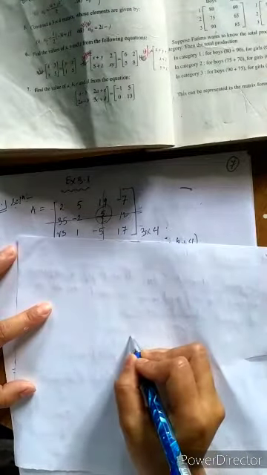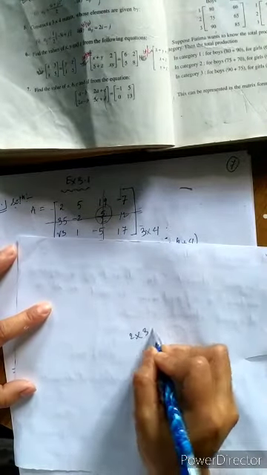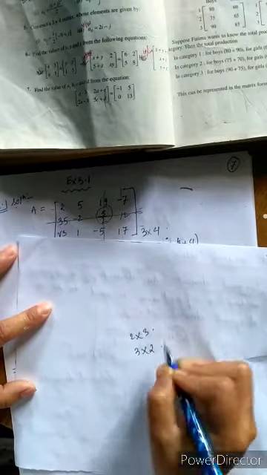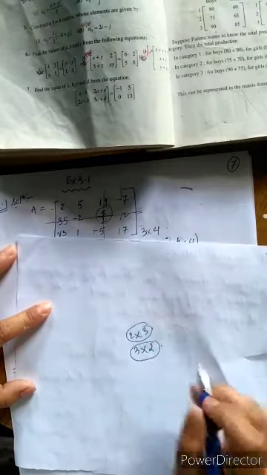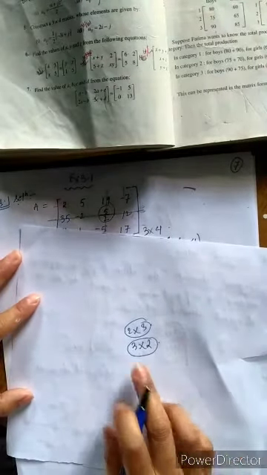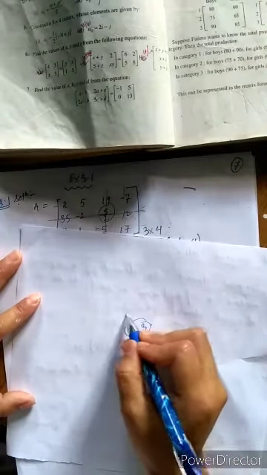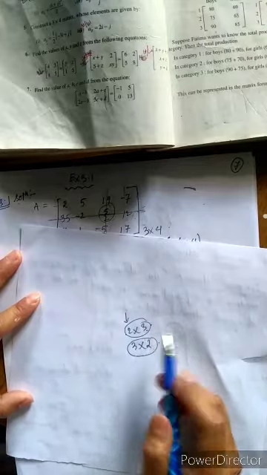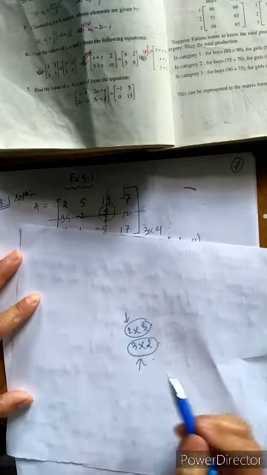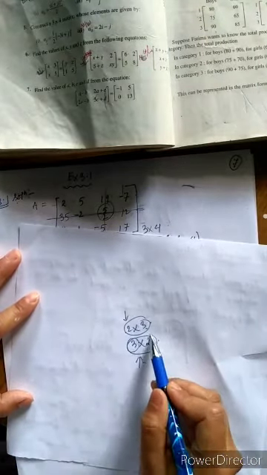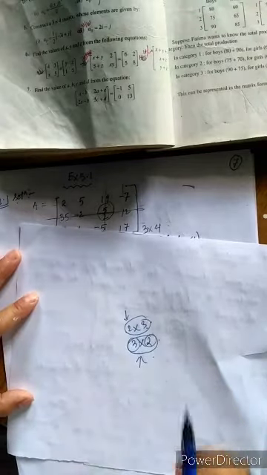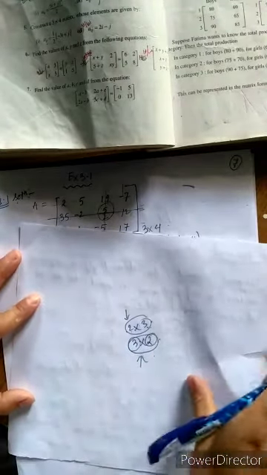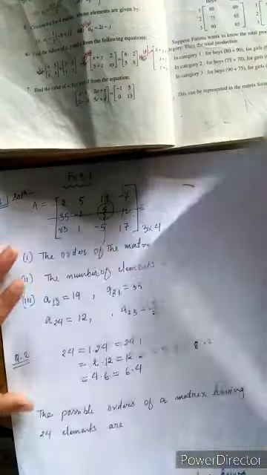A matrix of order 2 by 3 is different from a matrix of order 3 by 2. 2 by 3 means number of rows 2 and number of columns 3. In case of 3 by 2, number of rows is 3 and number of columns is 2. And so 2 by 3 is not equal to 3 by 2. They are different orders.